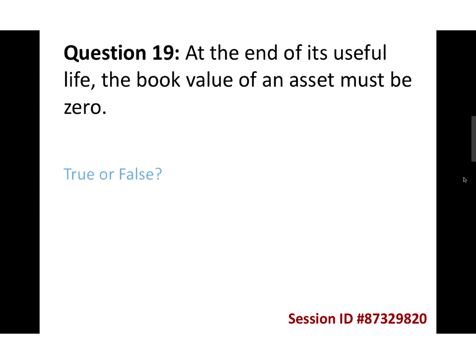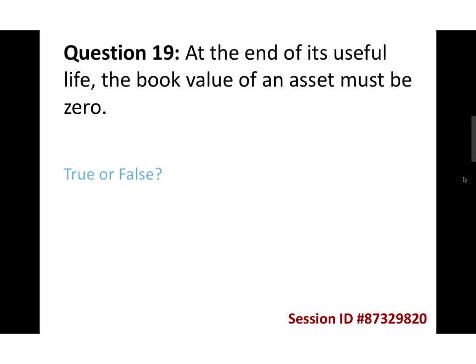Okay, I think this one's worthwhile as well. At the end of its useful life, the book value of an asset must be 0. True or false? Let me help you on this one. The book value at the end of its useful life actually has to be its residual value.